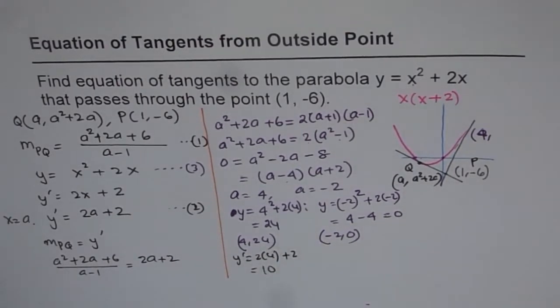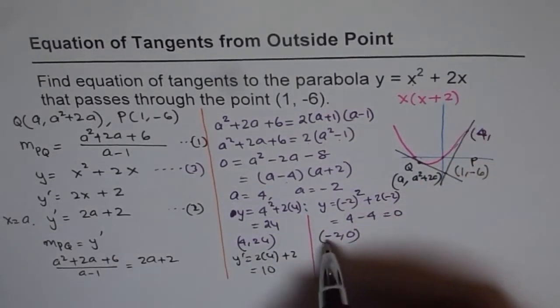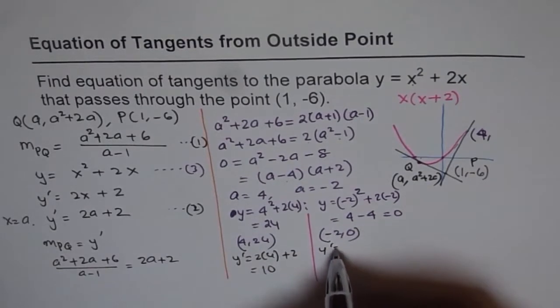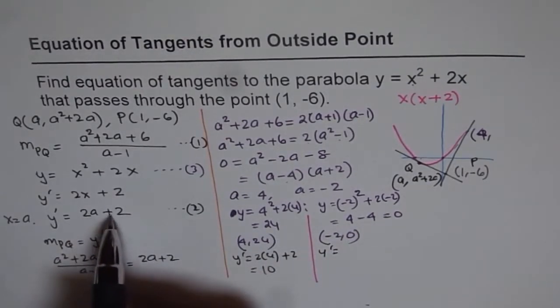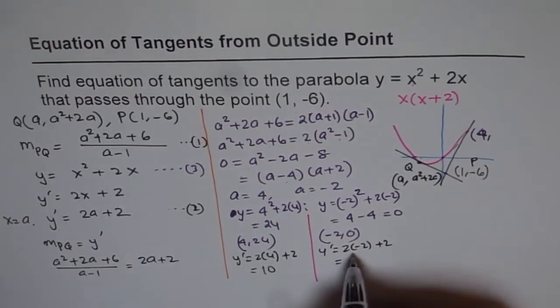When we have this line, when x is 4, so that means this side. And for the other line, y dash will be equal to 2 times a plus 2. So 2 times a is minus 2 plus 2. That means minus 4 plus 2, which is minus 2.